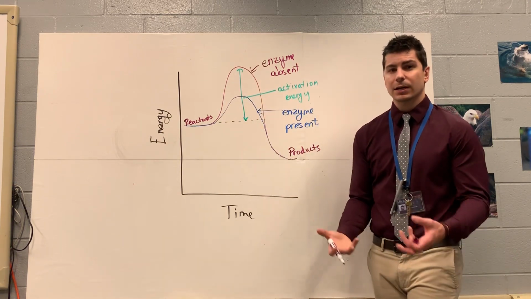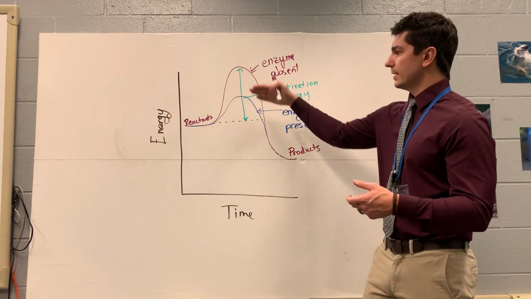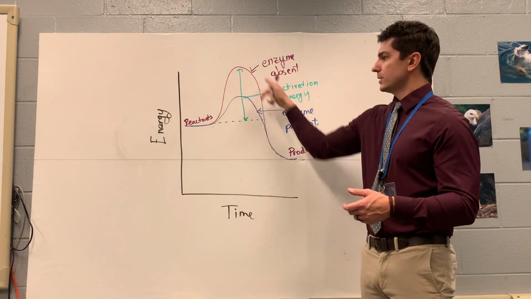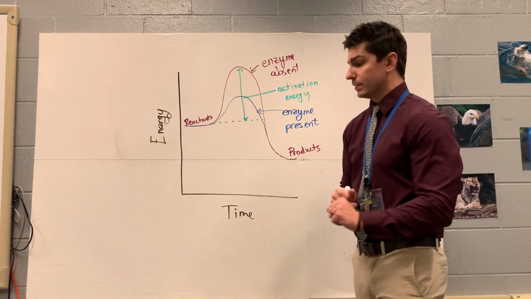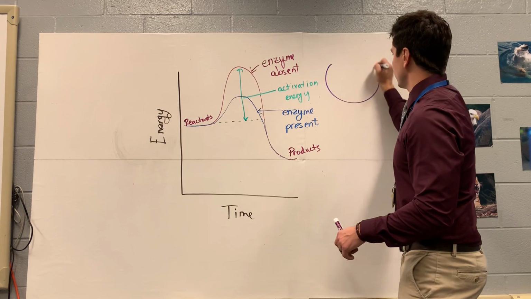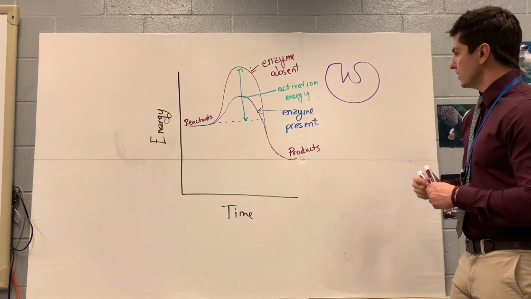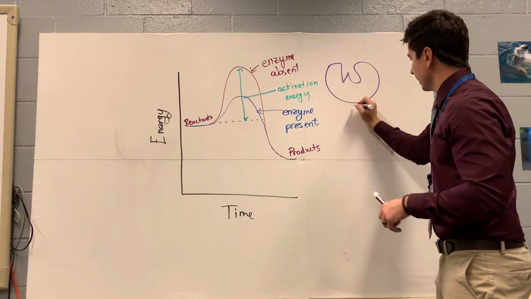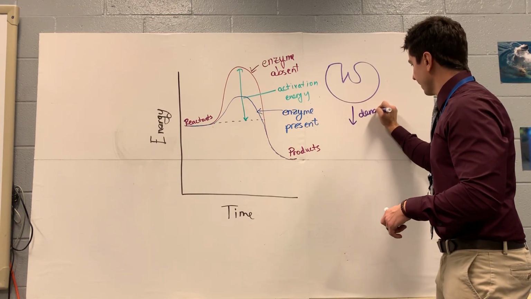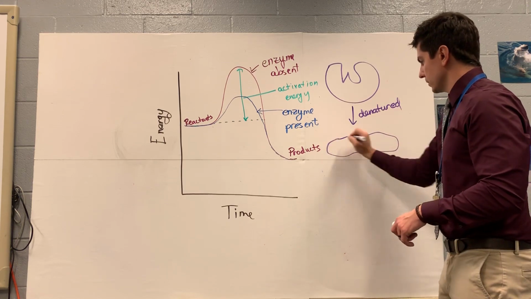This is why when you're sick, your enzymes become denatured, they're not working as well, and the hill that you have to go over is much bigger, because when the enzyme becomes denatured, guys, if I draw a picture of our enzyme we had, okay, once it becomes denatured, it loses its shape.